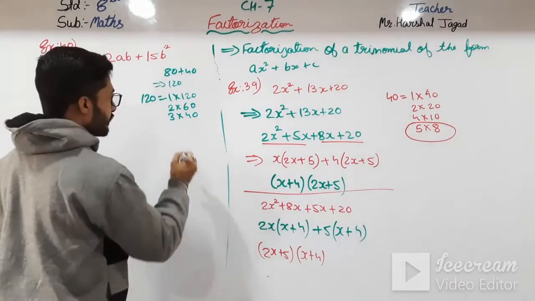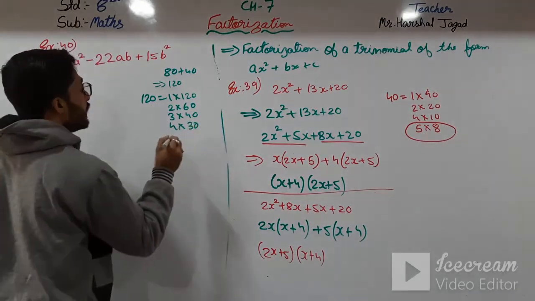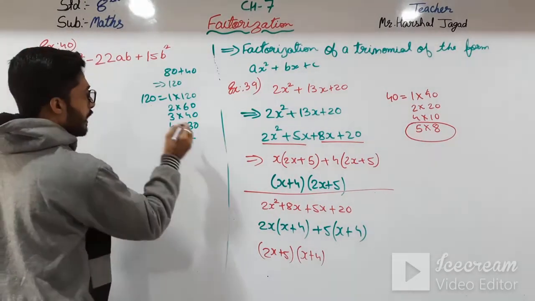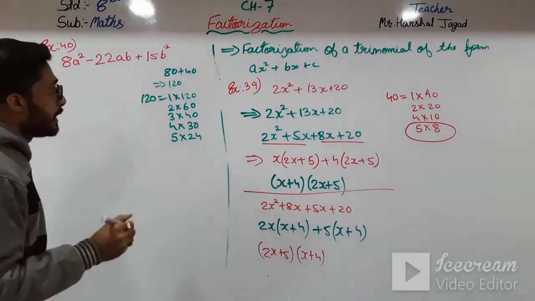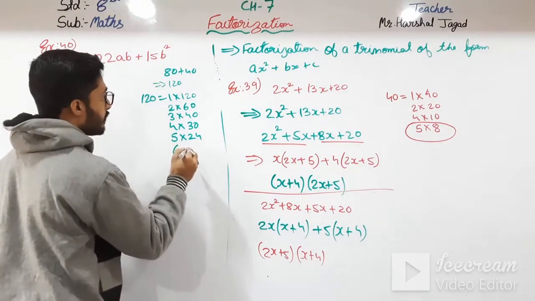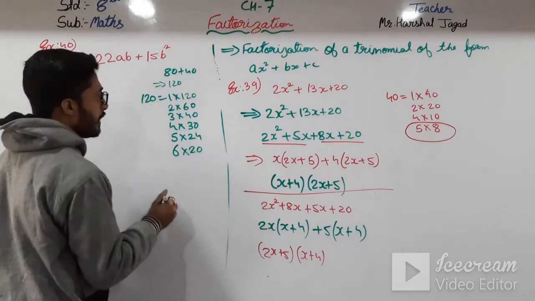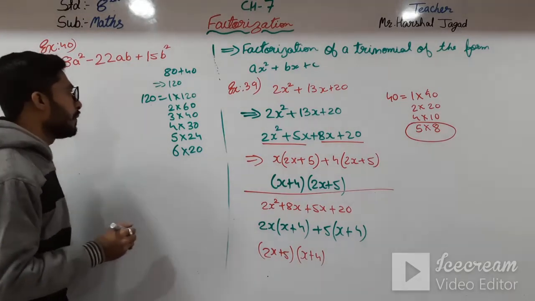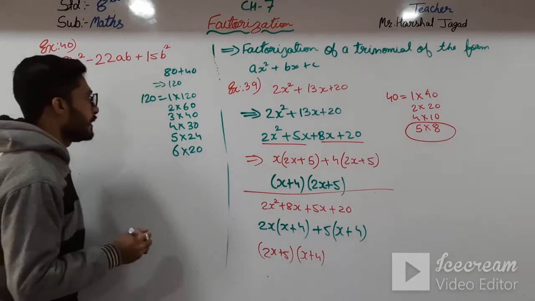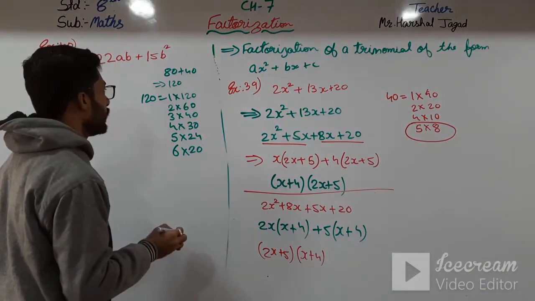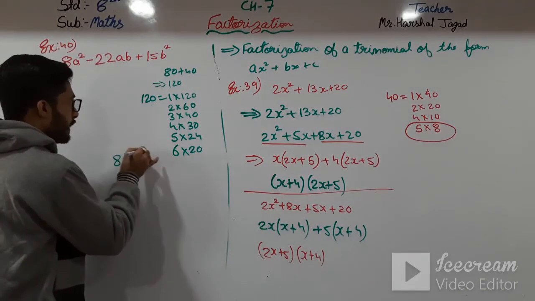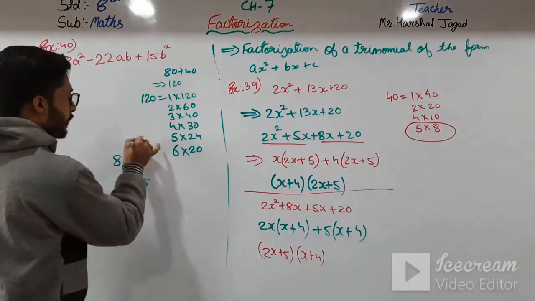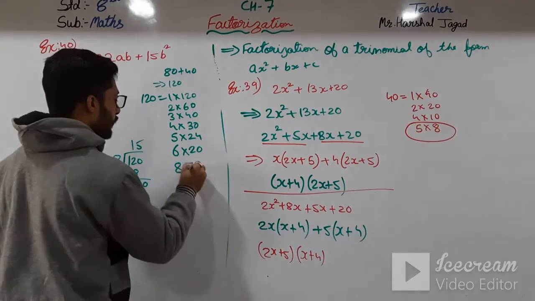Then 4 into 30, and 5 into 24, then 6 into 20. 7 will not be there. 8 into 15, yes, 8 times 5 is 40, 8 times 1 is 8.